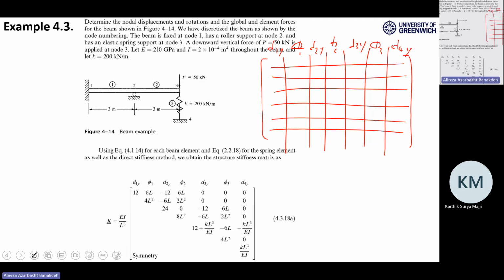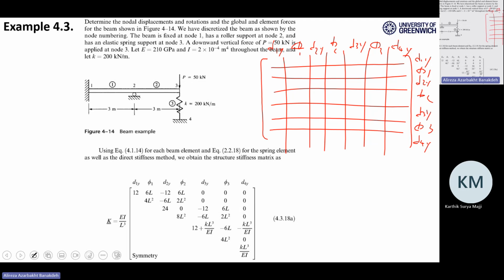The same here: D1Y, V1, V2Y, V2, V3Y, V3, and D4Y. I have two 4x4 matrices I need to fill into this. Those small 4x4 matrices are like EI over L cubed, the first one is 12, and so on, as we discussed a few minutes ago.